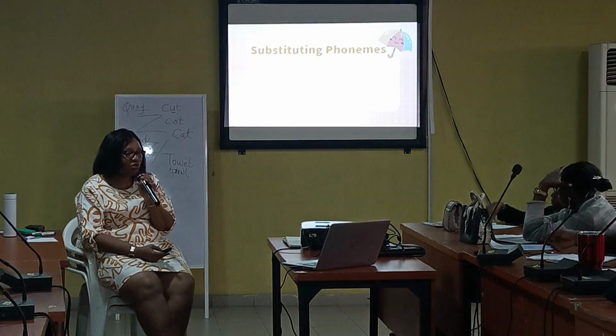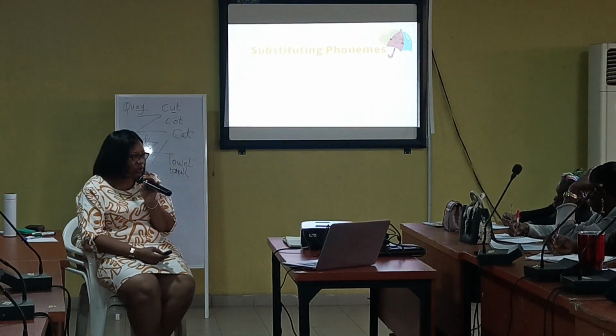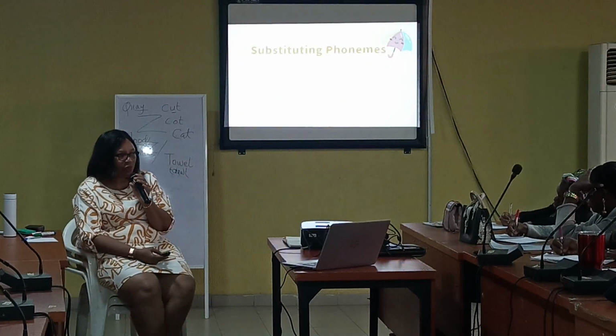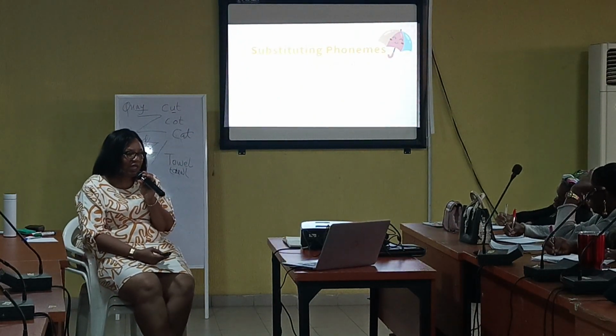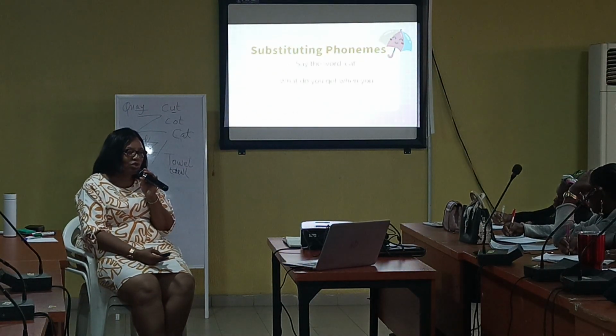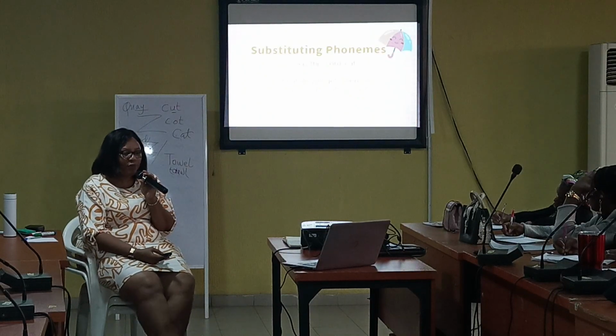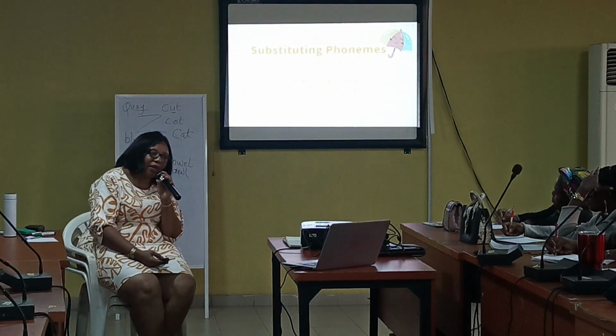So those are the examples. Now we want to do substituting. Substituting means to replace, to swap. You take one away, you put another one in. So you say the word cat, and then you ask, what do you get when you swap the k with the p?